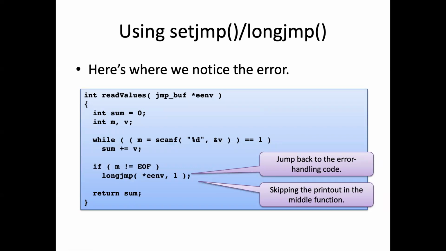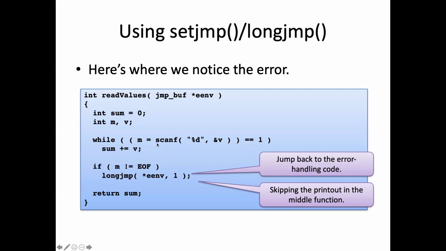It's going to read values for as long as it can, and it's expecting only integer values, at least based on how it's written. As long as it gets an integer, it adds it in and tries to read another one. It should be able to do this until it hits EOF, until there are no more inputs, because that's what scanf does. It returns EOF when there's no more input.